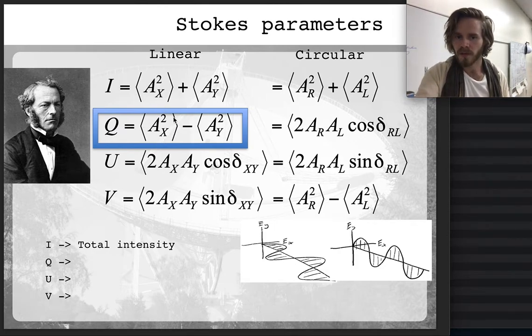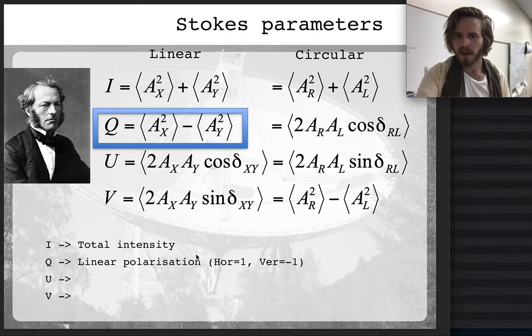All of your wave, so 1, is in the x direction, so this parameter is going to be 1. And there's no component in the y direction, so this is going to be 0. So in the case of horizontally linearly polarized light, you got 1 minus 0. So your Q parameter, your Stokes Q, is 1.